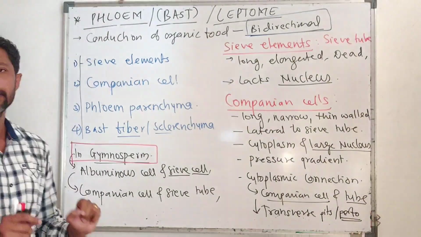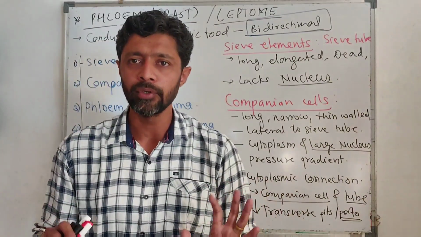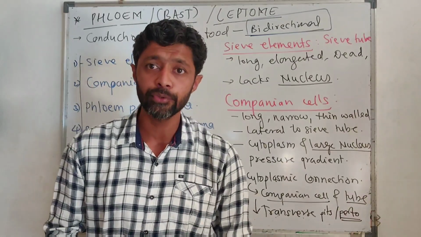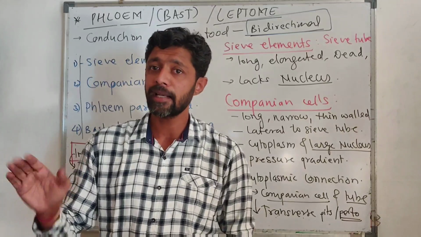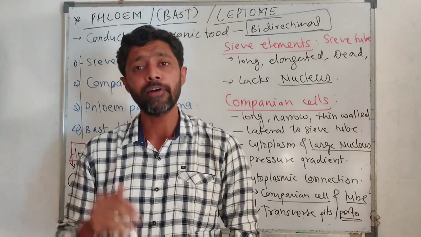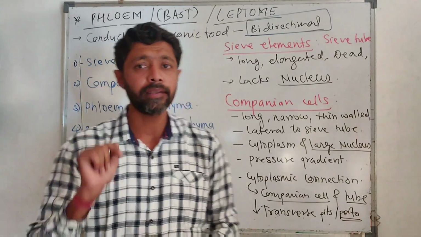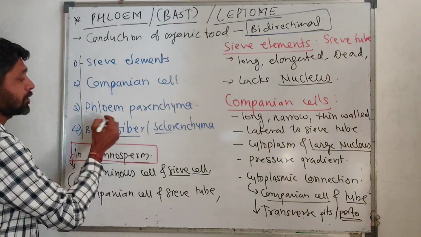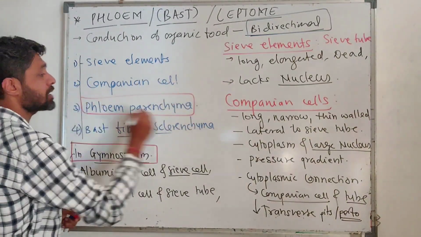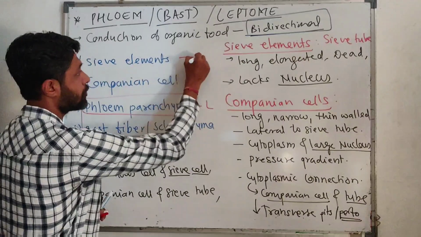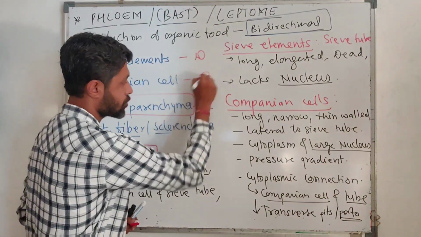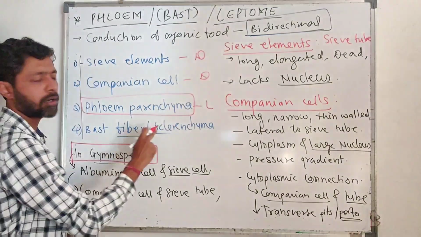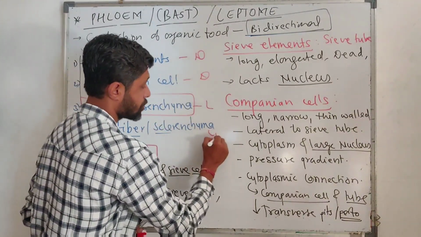Phloem is generally considered a dead tissue. Why do we call phloem a dead tissue? Because, as we considered xylem a living tissue, in xylem only the xylem fiber is dead, and here in phloem only the phloem parenchyma is living. The sieve elements are dead, the companion cells are also dead, and the bast fiber or phloem sclerenchyma is also dead.